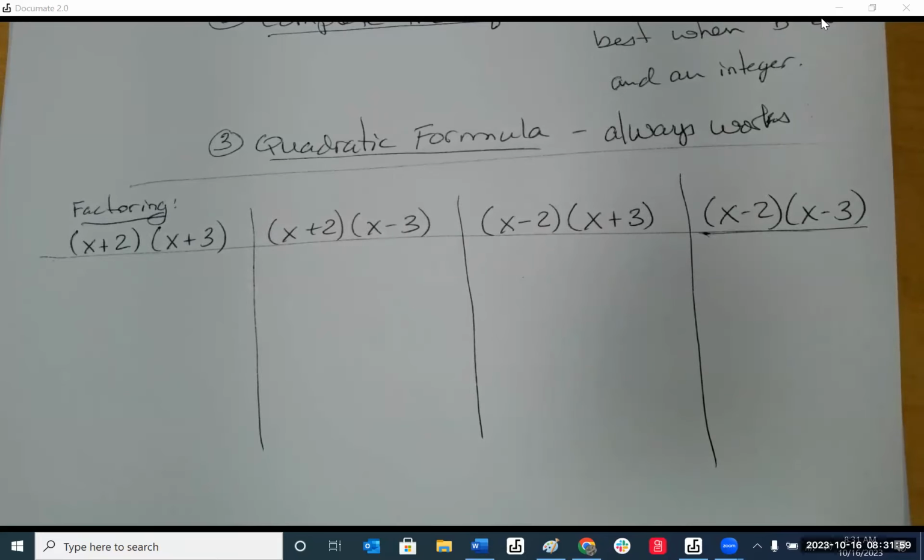So once that equals 0, put both of your parentheses down because that's where your answer is going to go. Remember, it's ax squared plus bx plus c equals 0.